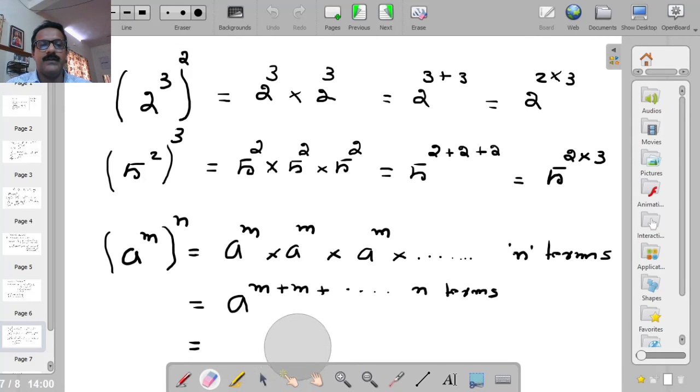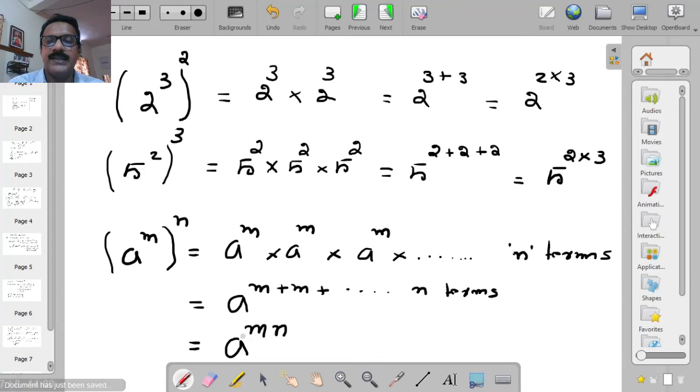We get a raised to mn. So a raised to m, the whole raised to n is equal to a raised to mn.